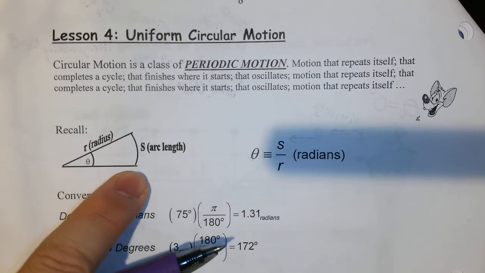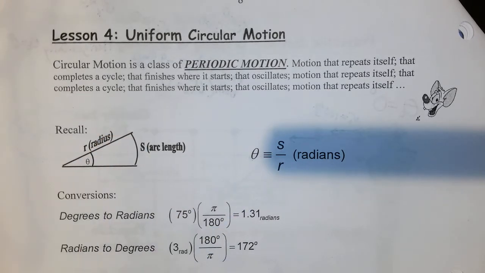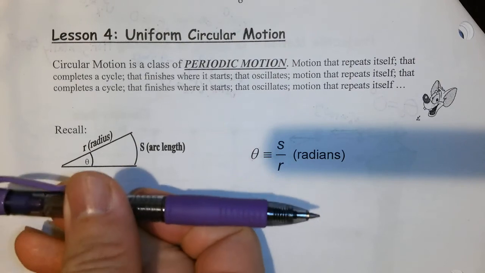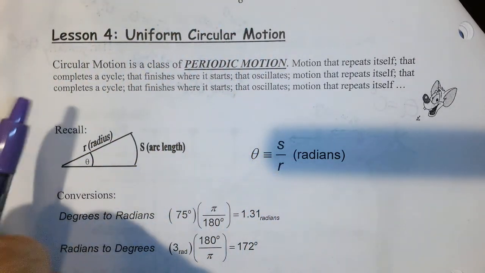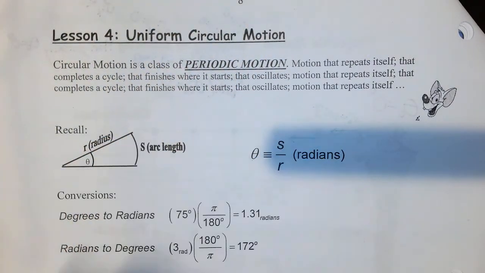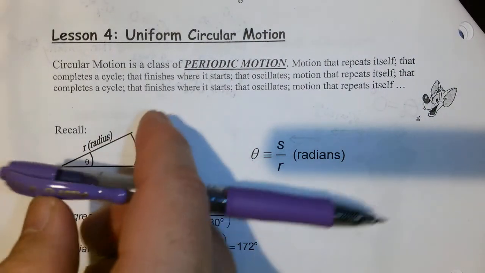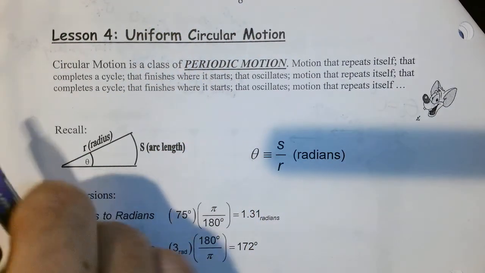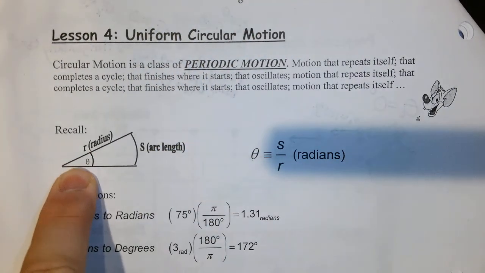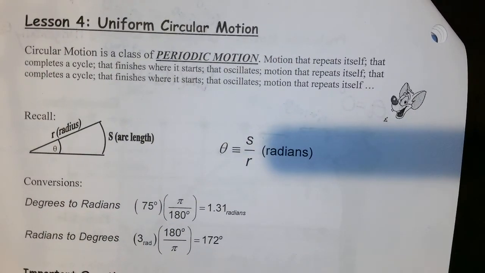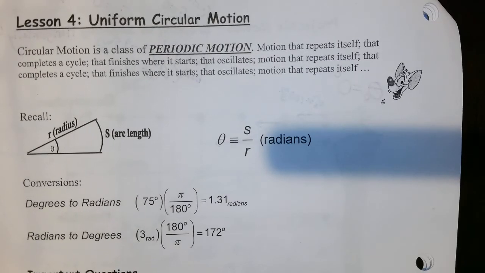And the angle that it sweeps out, we represent with theta. When it sweeps out one complete revolution, we call that arc length the circumference. And when it sweeps out one complete revolution, theta happens to be tau, and tau happens to be 2 pi.